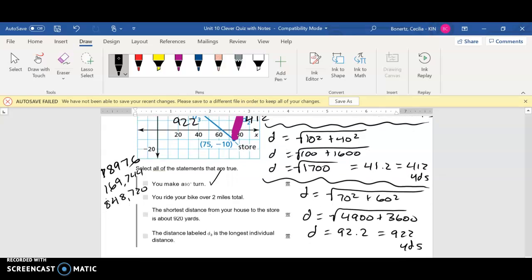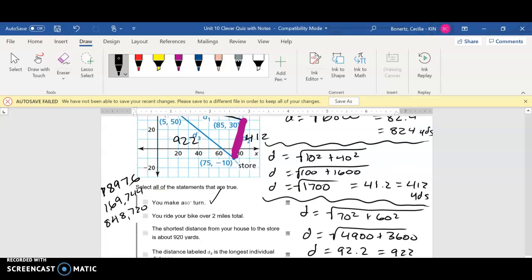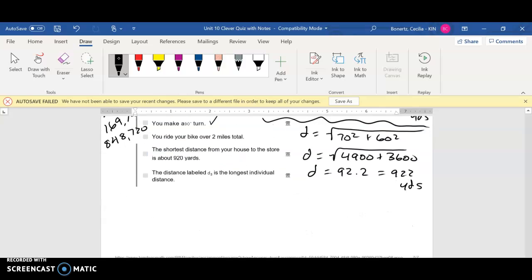I ride my bike over 2 miles in total. So I know it in yards. I'm going to add up the 824 yards plus the 412 yards plus the 922 yards, and that equals 2,158 yards. But I want to know if that's 2 miles. So I know that 5,280 feet equal 1 mile.